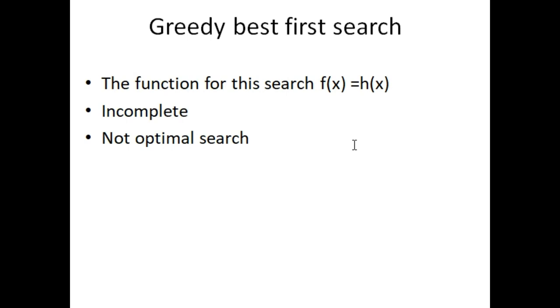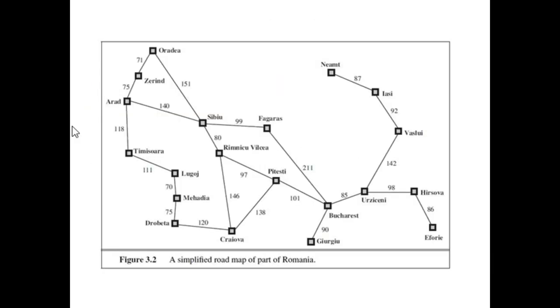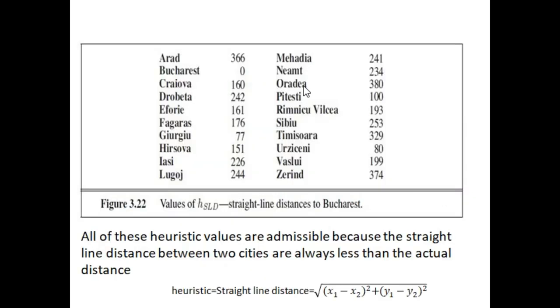Just look at the values of heuristic for this map. What is the heuristic? The heuristic is the informed guess of reaching the goal from any state; that value will be the heuristic value. So here are the heuristic values for this problem.